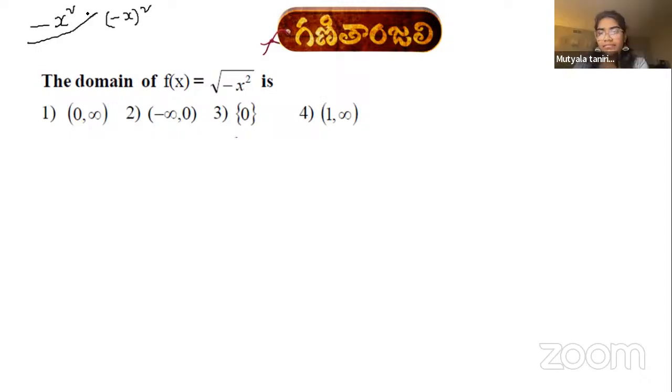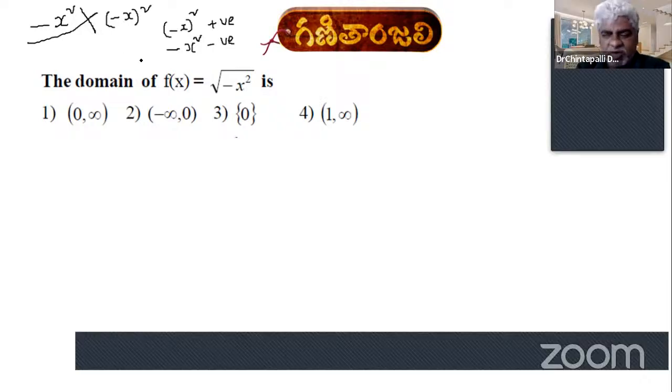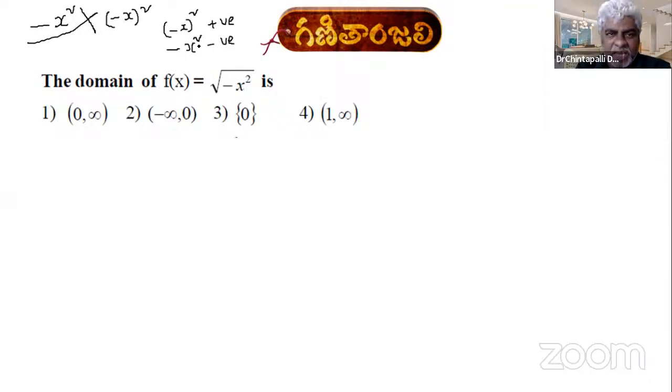Both are different terms. Minus x whole square is always positive, while minus x square is always negative. For whatever value of x, minus x square remains negative.